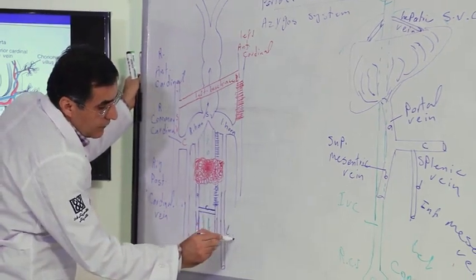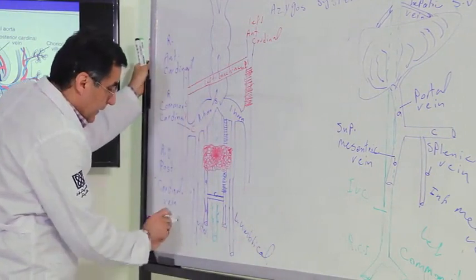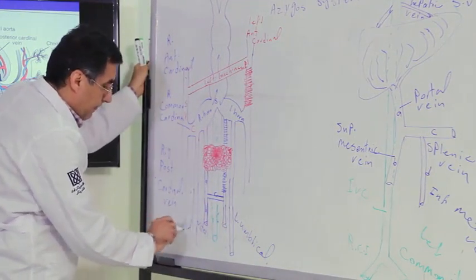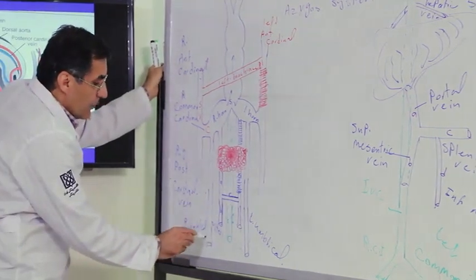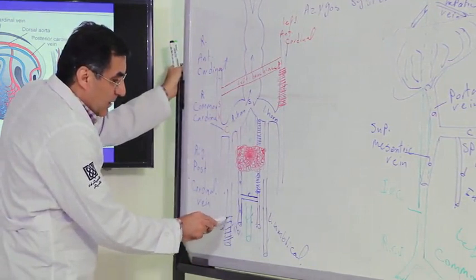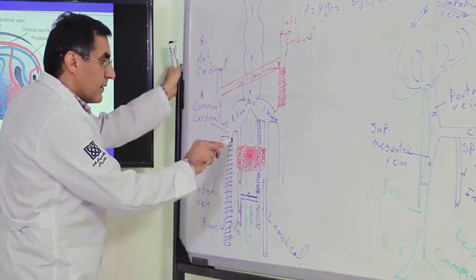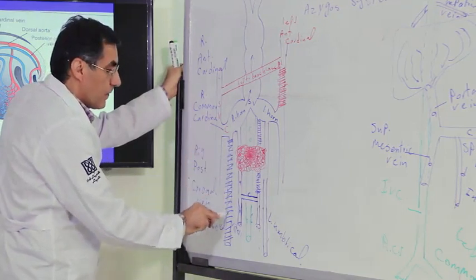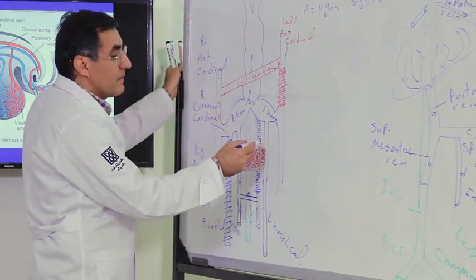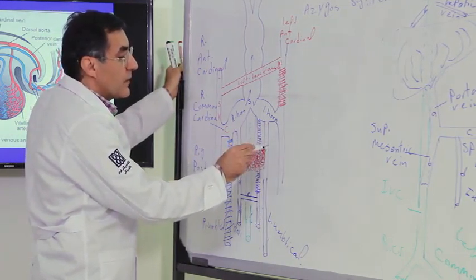This is the left umbilical, and this one is the right umbilical. The right umbilical vein is completely obliterated here. The upper part of the left umbilical vein up to the liver is obliterated.